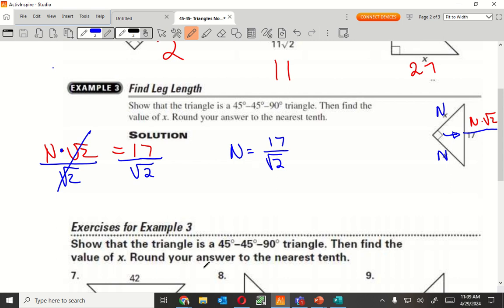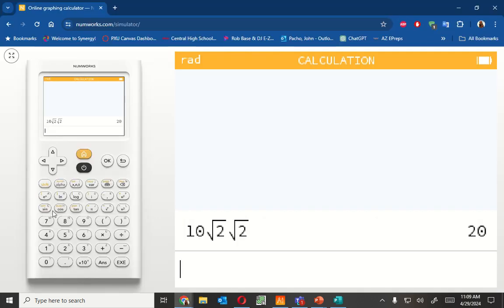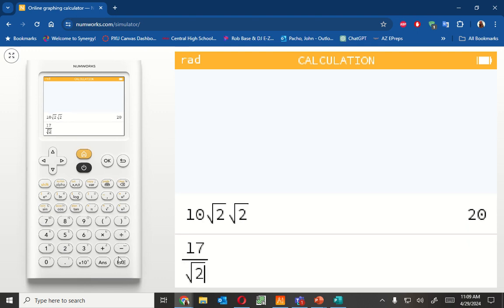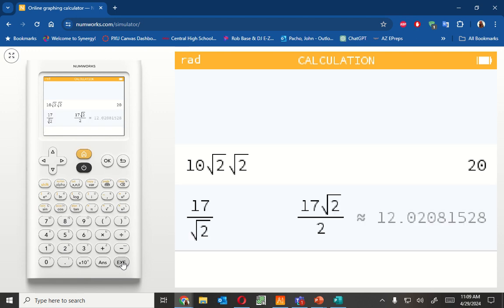So let's see, back to my NumWorks. 17 divided by square root of 2. So this as an exact answer is going to be 17 radical 2 over 2.